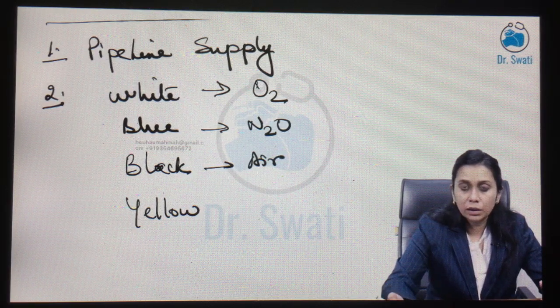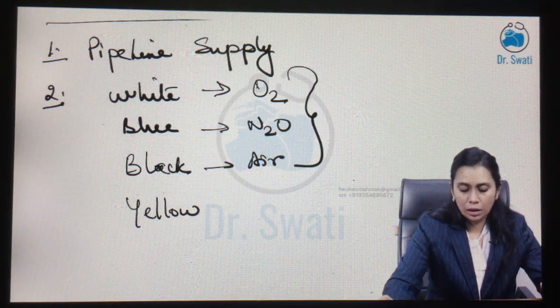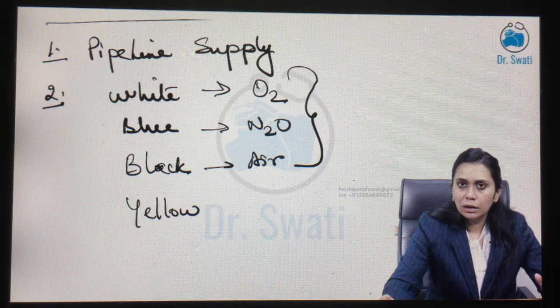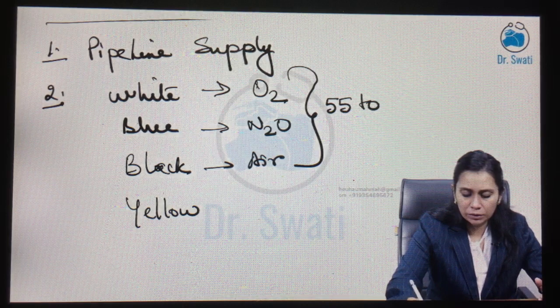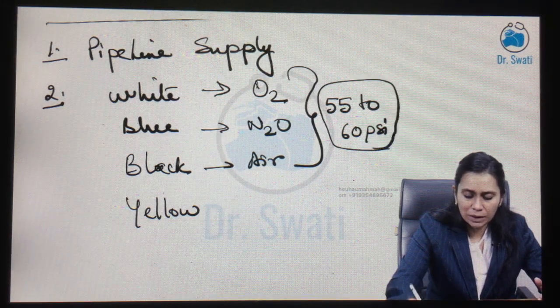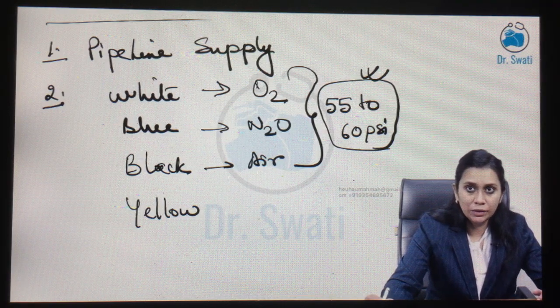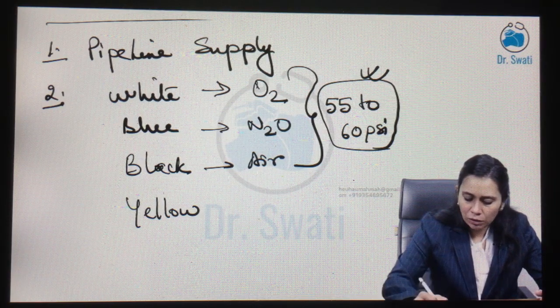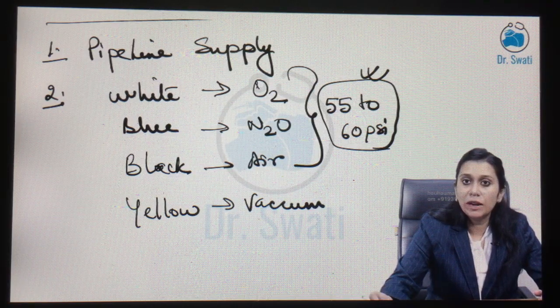Got it? White oxygen, blue nitrous oxide, black air. All these three pipelines are supplying the gases at 55 to 60 psi pressure. This is the pressure of the intermediate pressure system. Yellow is the vacuum pipeline, the central vacuum pipeline.